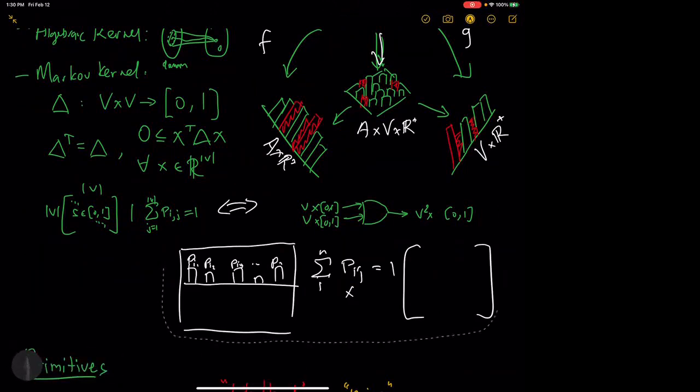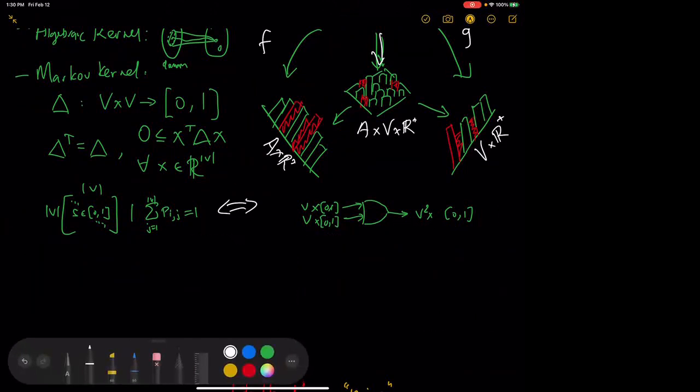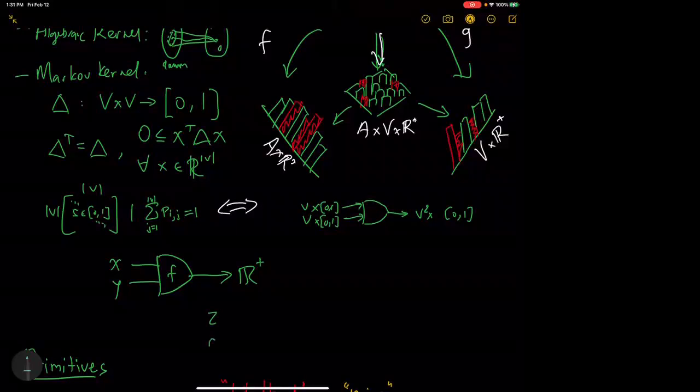So let's get rid of this thing. If we have a function that takes two inputs, say x and y, and it just outputs a real number between 0 and 1, then this doesn't really work, because you'd like to be able to compose this with another function that takes z and q.